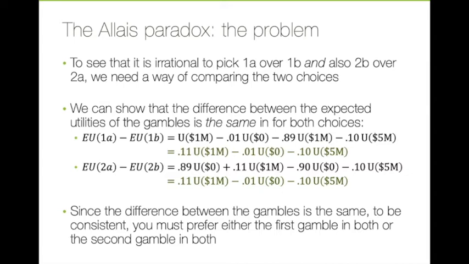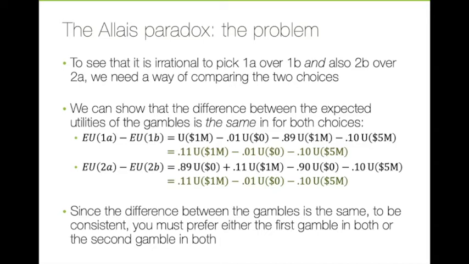So the expected utility of 1A minus the expected utility of 1B, we subtract the 1% chance of $0, the 89% chance of the utility of $1 million, and the 10% chance of the utility of $5 million from our utility for $1 million for sure.